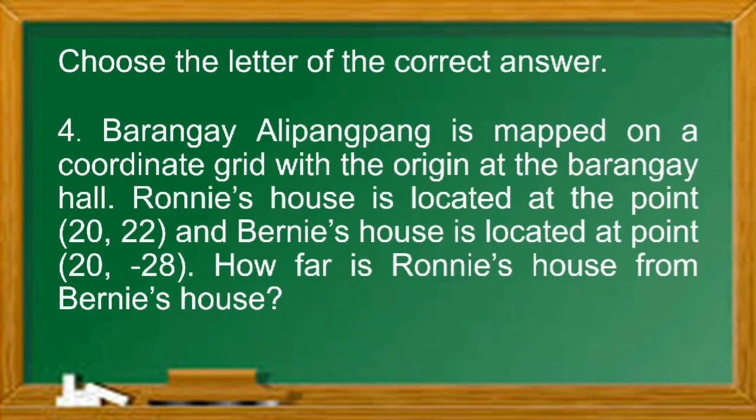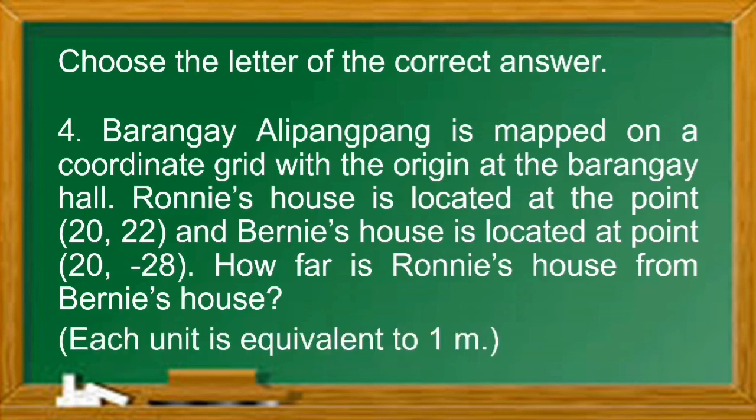Number 4. Barangay Alipampang is mapped on a coordinate grid with the origin at the barangay hall. Ronnie's house is located at the point (20, 22), and Bernie's house is located at point (20, -28). How far is Ronnie's house from Bernie's house? Each unit is equivalent to 1 meter.